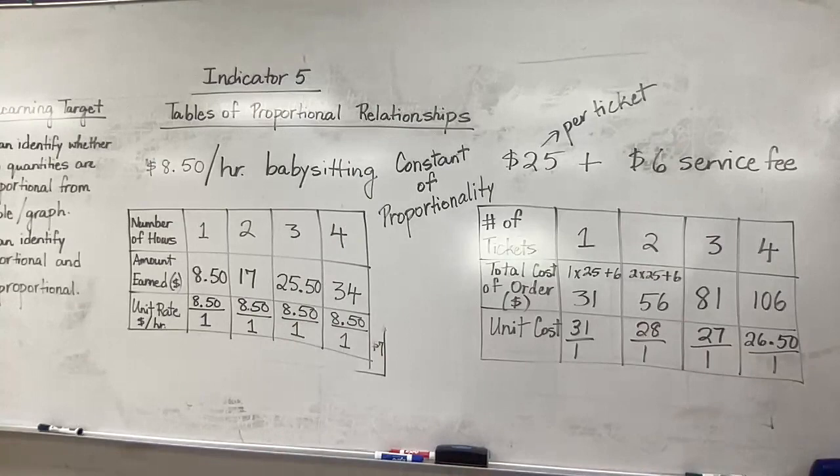What this basically means, like you've learned, is that two quantities are proportional if the ratios comparing them are equivalent or constant. So the constant ratio is called the constant of proportionality. The constant of proportionality has the same value as the unit rate.